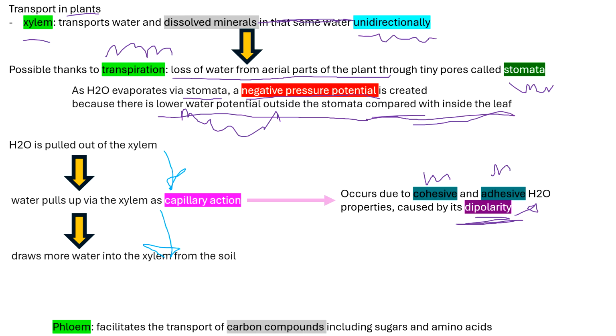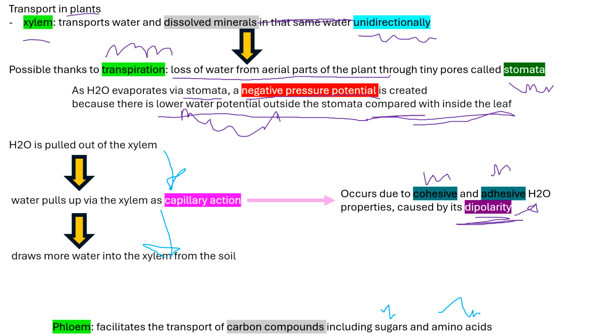Now we talked about the xylem, let's mention the phloem, which facilitates the transport of carbon compounds, including sugars such as fructose, glucose, and amino acids, which make up proteins. So I always confuse these, but sugars and amino acids are not dissolved minerals.